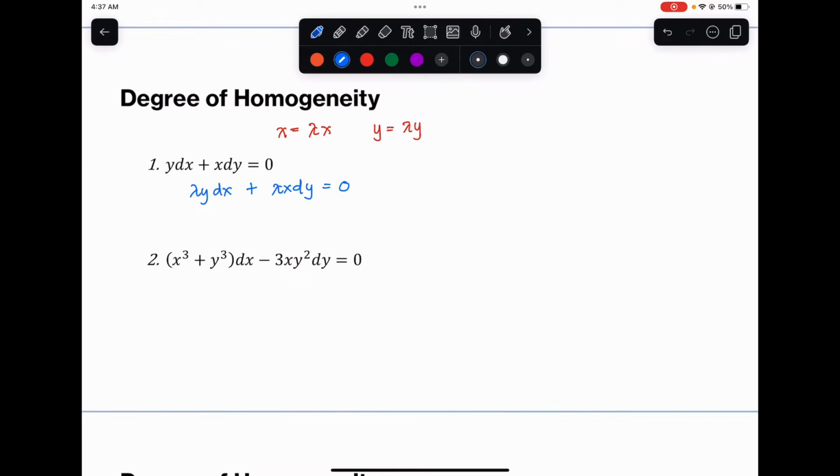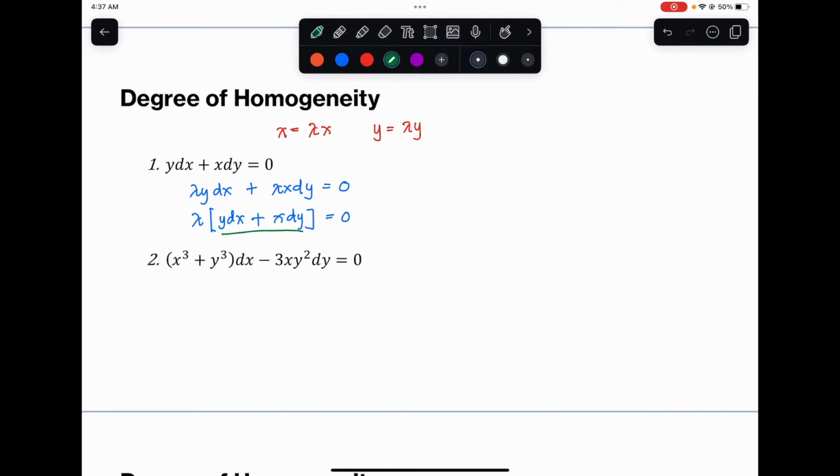From here, lambda is common to both, so that is lambda multiplied with y dx plus x dy equals 0. We were able to factor out lambda and still retain the original equation, y dx plus x dy equals 0, thus making this one homogeneous.